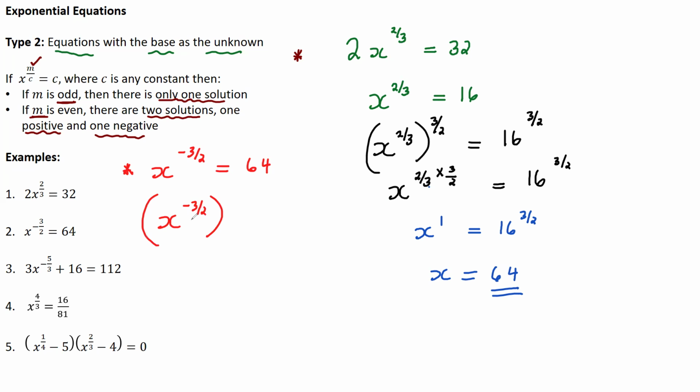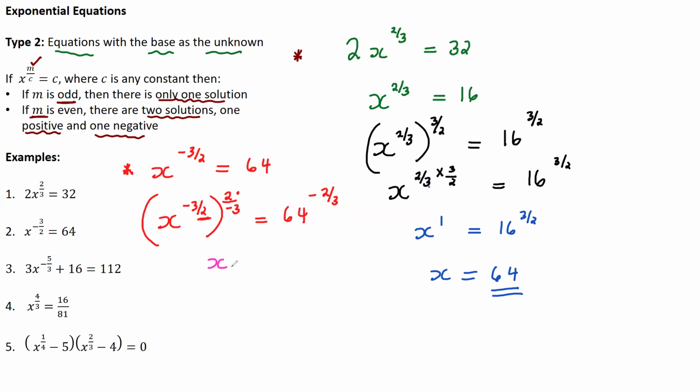Again, you power by the reciprocal. If it's negative 3 over 2, it's going to be 2 over negative 3 is equal to 64 to the power. You can even write it as negative 2 over 3. It's still the same concept, right? There you are. And then these two, negative 3 over 2 times 2 over negative 3, they will give you 1.